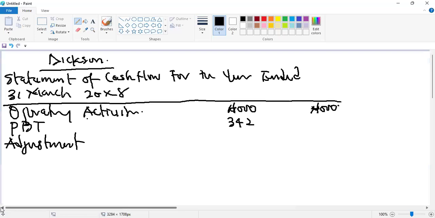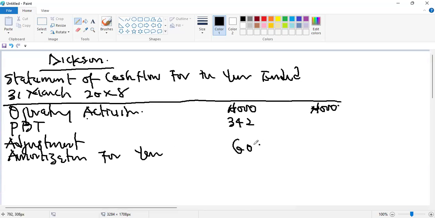Amortization, 60,000, for the year. Next, I need depreciation, 57,000.